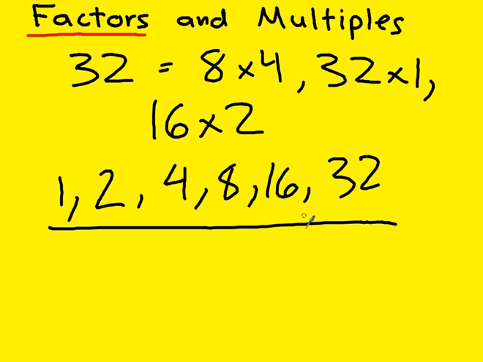Okay? Now, you can use your multiplication chart to do that. Anywhere you can find 32, see what numbers you multiply. Or, if it's an even number, which this one is, what's always going to be a factor of an even number? What can you always divide an even number by?